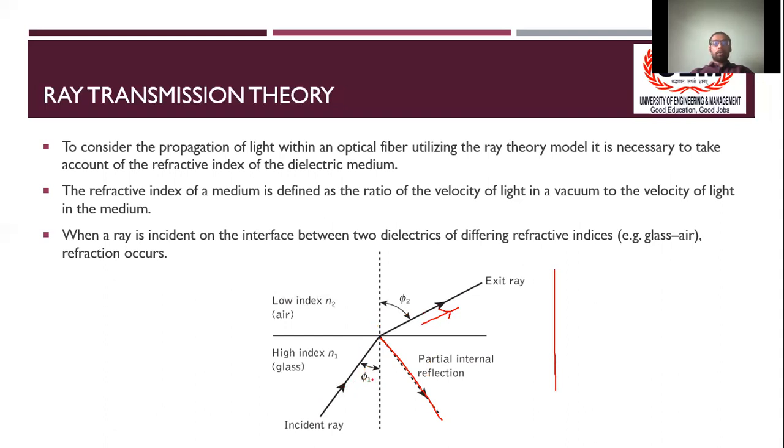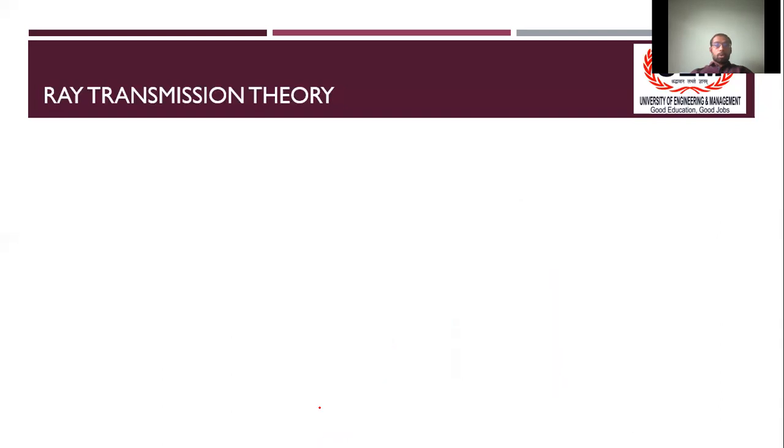So from this basic knowledge of physics, which defines Snell's law, we'll try to figure out what angle of incidence we should maintain to propagate the light through the core region so that it does not get lost into the cladding region.